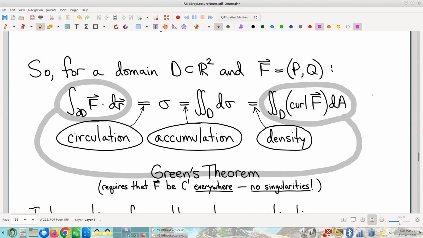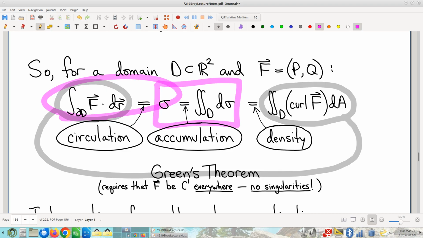And here's the theorem. It's called Green's theorem. This accumulating quantity called circulation, by the way, of course, the word circulation does implicitly require that it be a closed curve. So of course, it's closed curves or boundaries. So that's all sort of implicit. I like to repeat it sometimes just for emphasis. But circulation is an accumulating quantity.